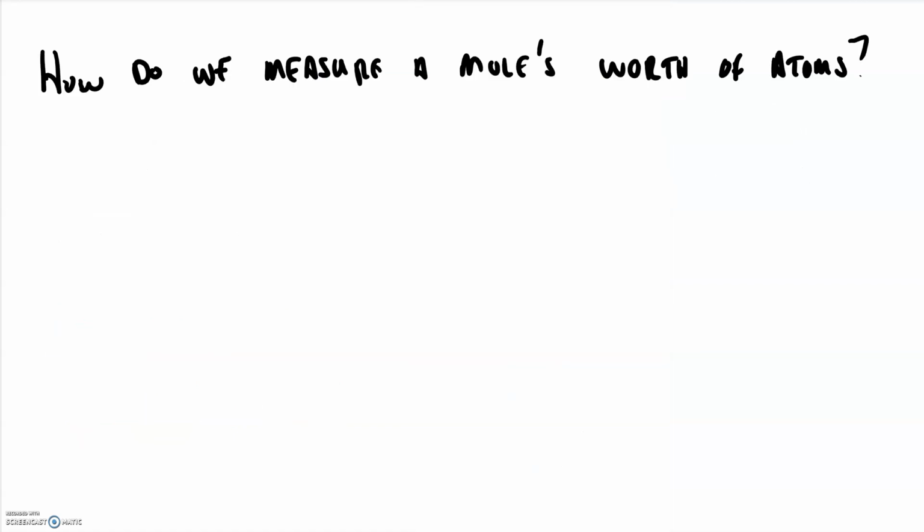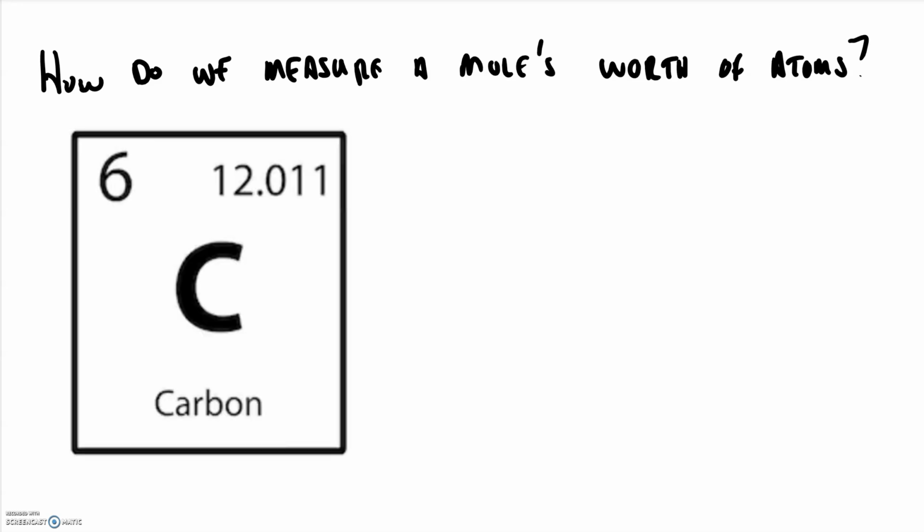So how do we measure out a mole's worth of atoms? It's actually really simple. So if you look on your periodic table, every element has got these 2 numbers. And we remember that this number here is something called the atomic number, and that is the number of protons.